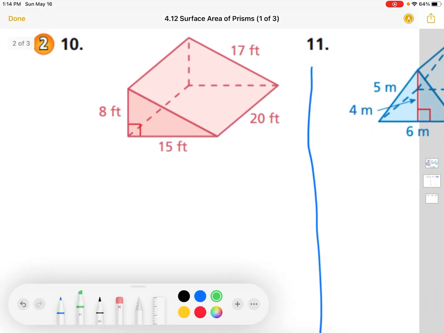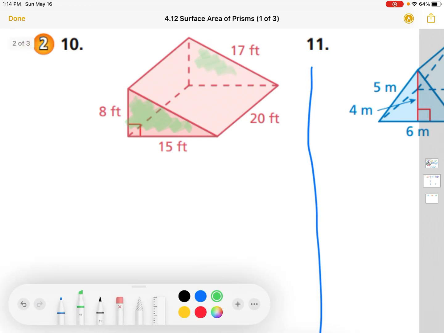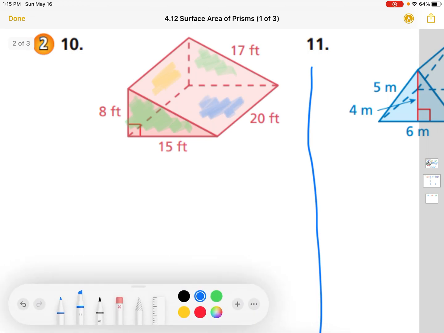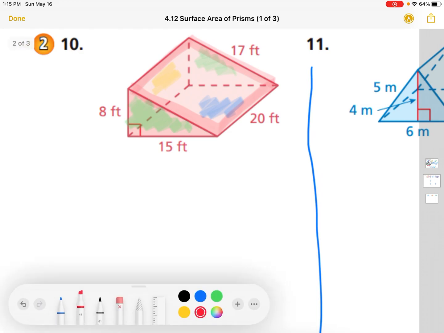I have a triangle in the front, which is the same as the one on the back, and then I have a side here, a side down here, and also this side here, this top. Now, all the dimensions of my triangle are different, so that means I have 3 different rectangles. Okay, so let's sketch out what we have.